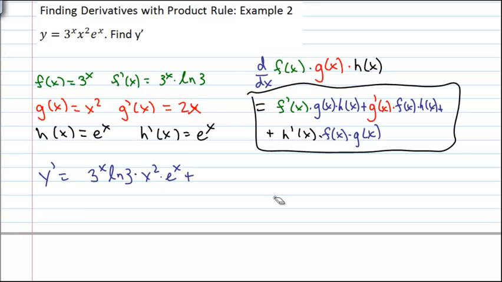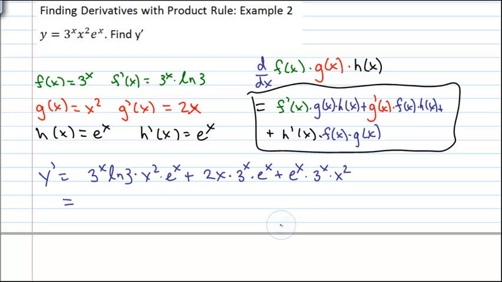And my second term will be g prime of x, which is 2x, times f of x, which is 3 to the power of x, times h of x, which is e to the x. Now my third term will be h prime of x, which is just e to the x, times f of x, which is 3 to the x, times g of x, which is x squared.